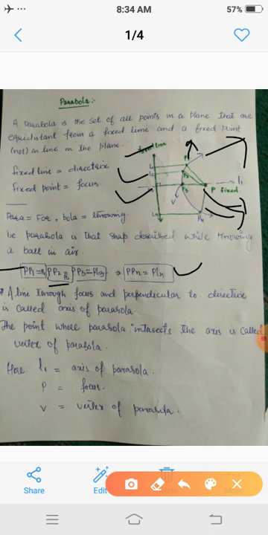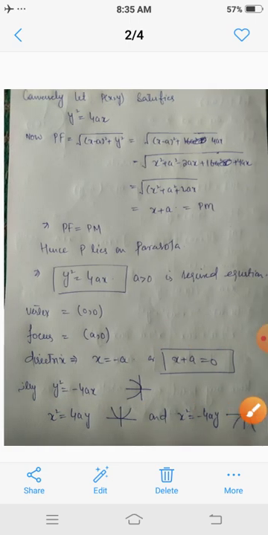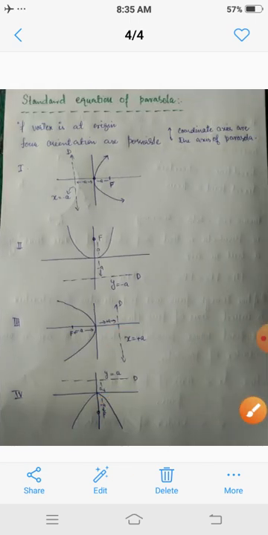The point where the parabola intersects the axis, that is here this point V, is called the vertex. So simply we can say that L1 is the axis of this parabola, P is the focus, this vertical line in this case is the directrix, and V is the vertex of this parabola. Now we will derive the standard equations of this parabola.